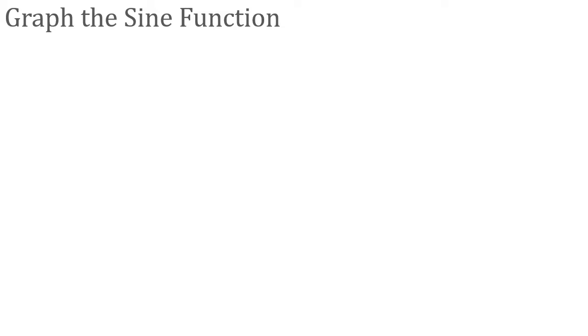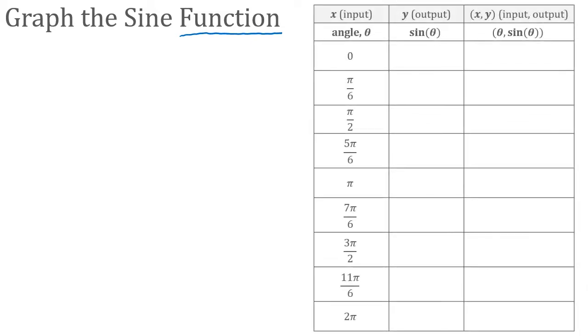Now, in order for something to be a function, we know that there is an input and there has to be an output. So if I want to graph the sine function on an xy axis, an x and a y axis, an input and an output, then I need to have an input, which for the sine function will be the angle, theta in this case, and an output, which in this case will be whatever the sine of theta is.